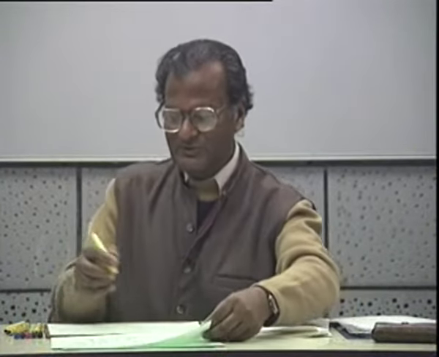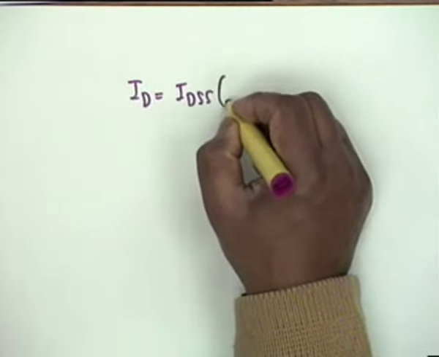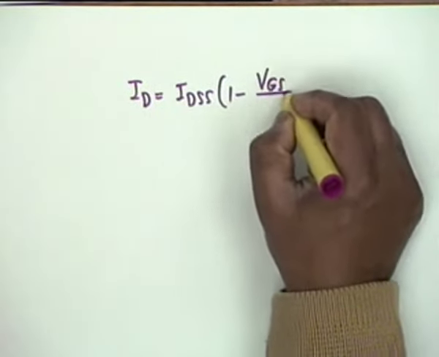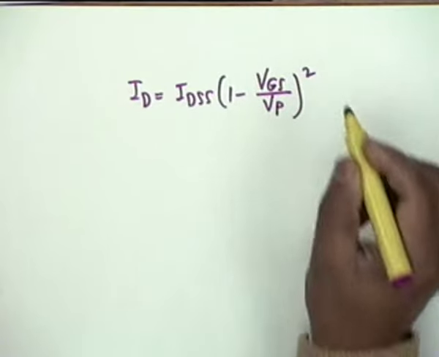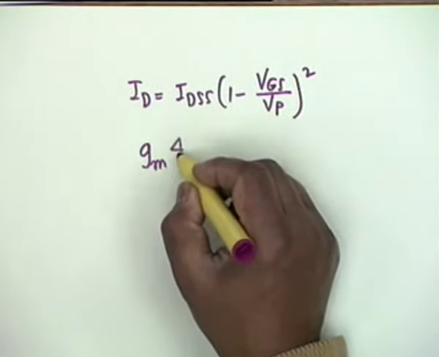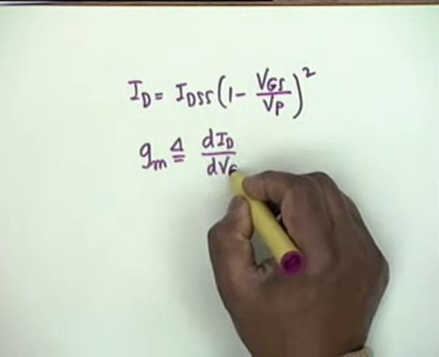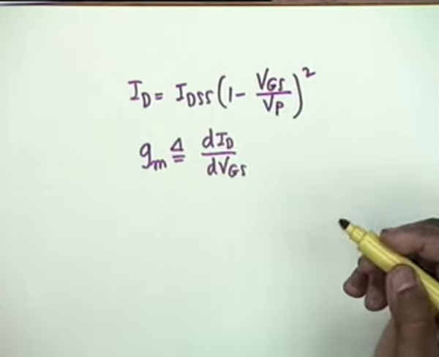Now, if you go back to the expression for current, what is current? ID equal to IDSS times 1 minus VGS by VP whole squared, and find out GM. GM is dID by dVGS.